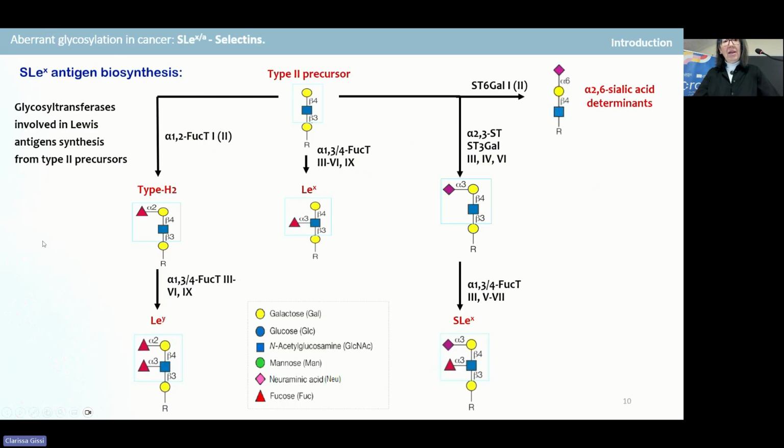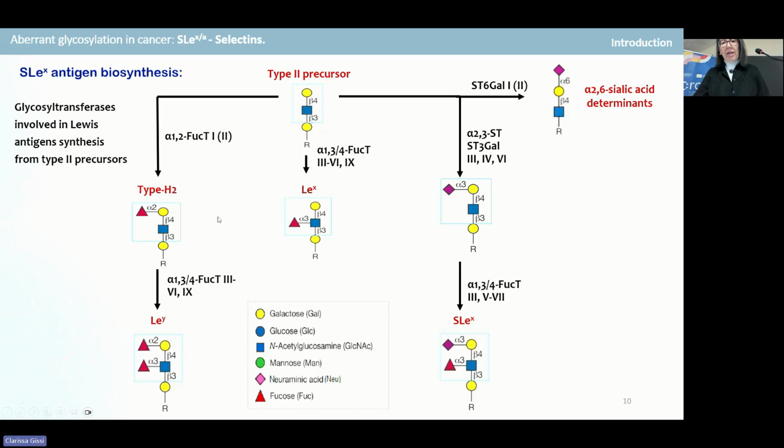And here you have the slide where we can see the biosynthesis of the sialyl-Lewis X antigen that we have said before is important for the metastatic phenotype of tumor cells. Here are all the glycosyltransferases involved.